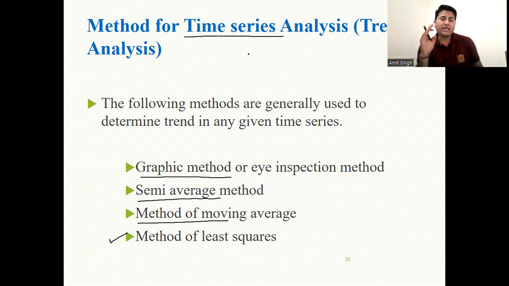To predict the future at some point of time. Suppose I have data for the years 2001, then 2005, then 10, then 15 and 20 and so on. Now, suppose I am interested to know what the output will be in the year 2003. It is not given in the data, but if I analyze this time series by the trend analysis methods, then I can say what the output will be in the year 2003.